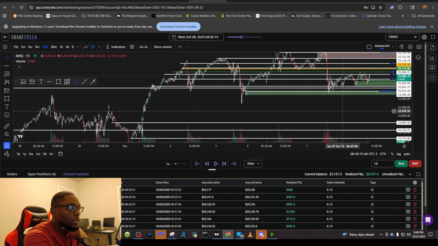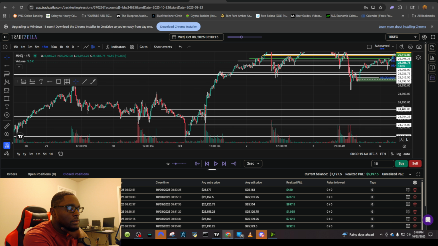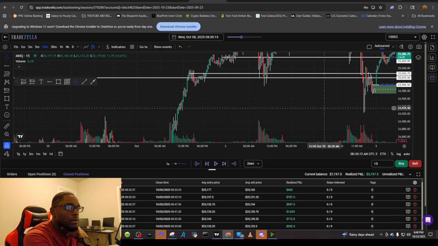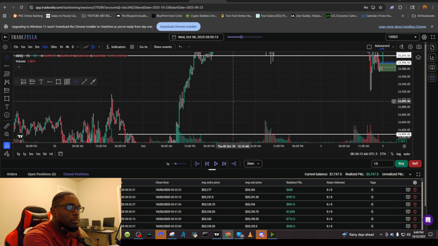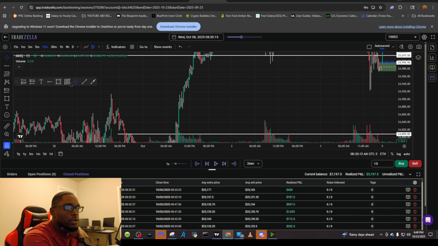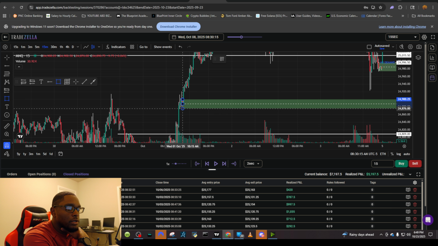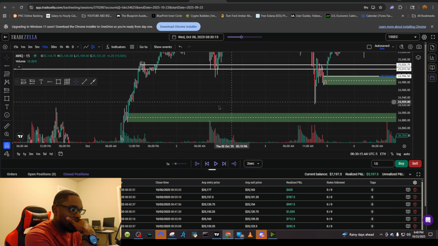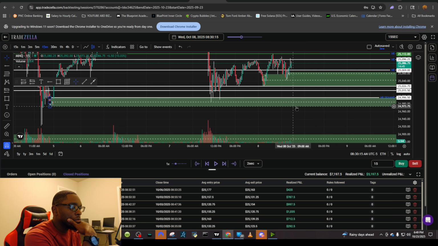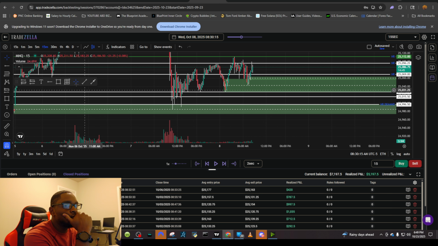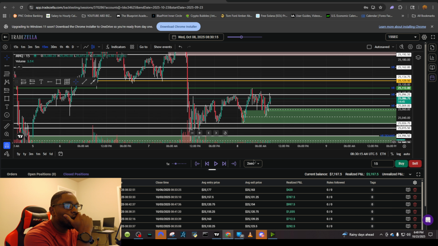Any downside targets? The 15-minute demand zone did not get hit. So we got a 15-minute demand zone right here. Everything imbalanced. So we got levels we can target down here if we break below this. Let me go to the 5-minute.